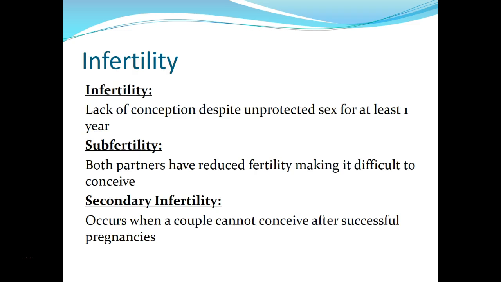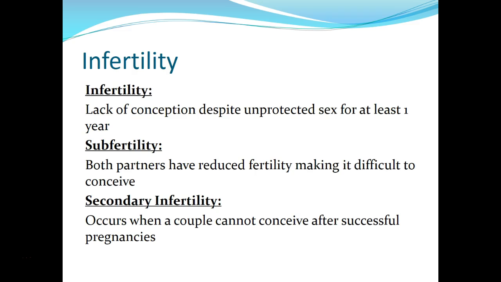Moving on to infertility. So what is it? Infertility is a lack of conception despite unprotected sex for at least 1 year. So you've got to have a couple who has been trying to get pregnant for at least 1 year, and if they lack conception, then we can deem them infertile. Subfertility means that both partners have reduced fertility, which makes it very difficult to conceive.